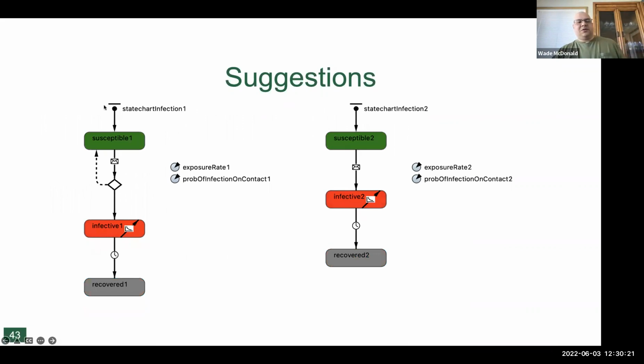So I want to show some diagrams here. These are two state charts of two different ways we may implement an SIR mechanism within AnyLogic. In the one on the left, agents begin as susceptible.